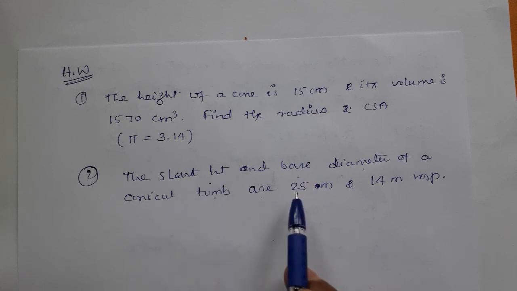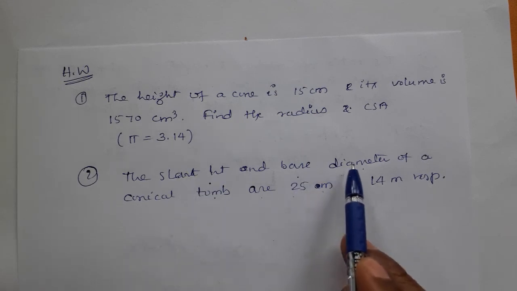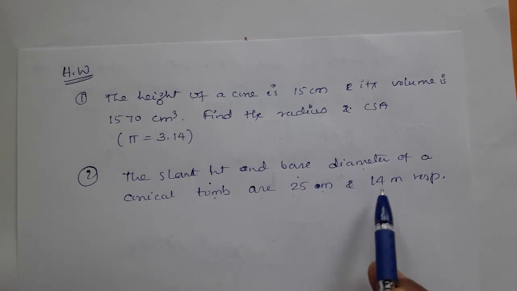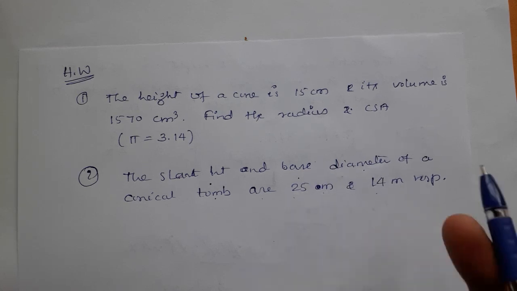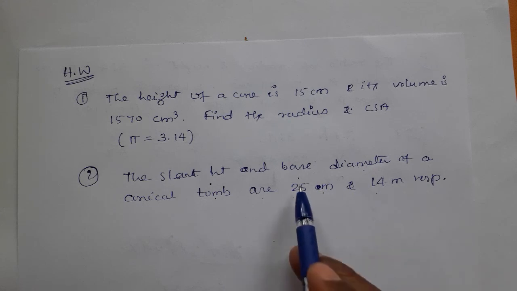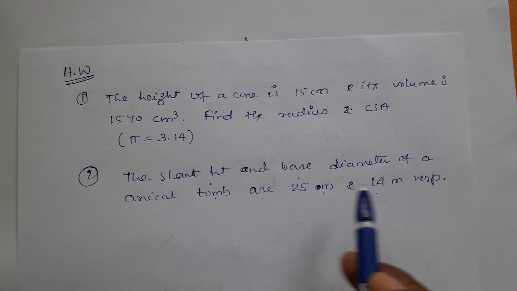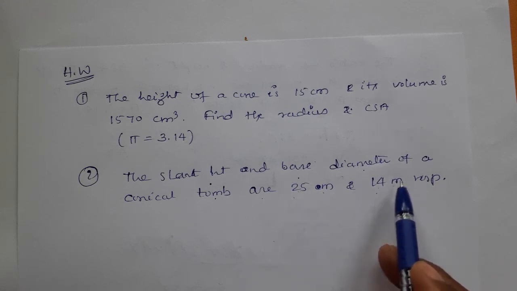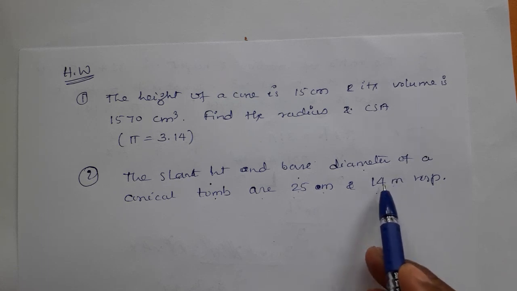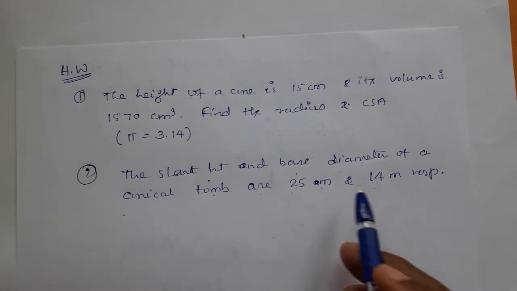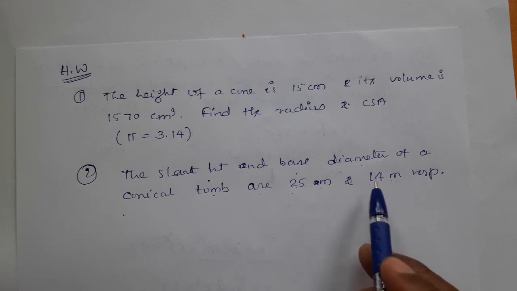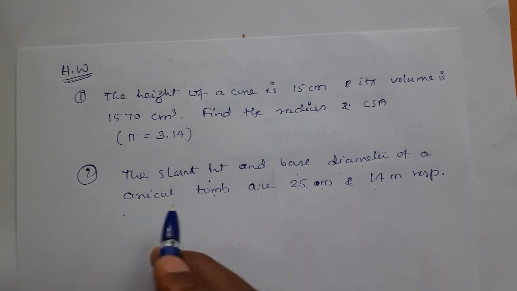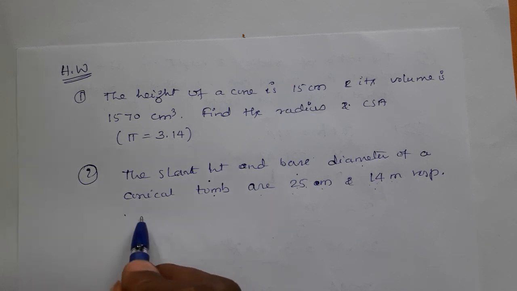That means slant height is 25 meter, base diameter is 14, nothing but base radius is 7 meter. Remember, diameter is given, you convert into radius 7 meter. Then this slant height 25 meter and radius 7 meter, you will get height 24 meter, if you use that formula, L square is equal to h square plus r square.